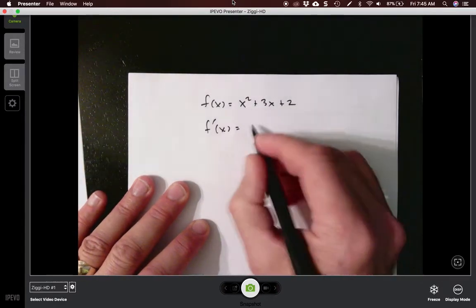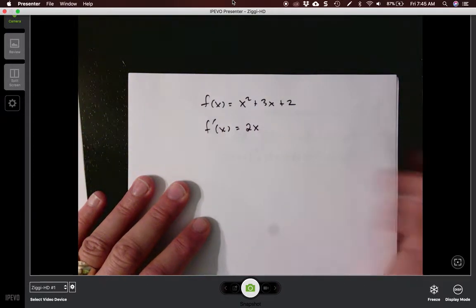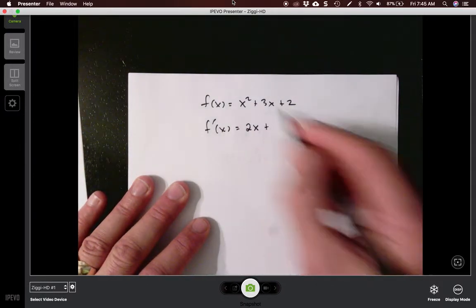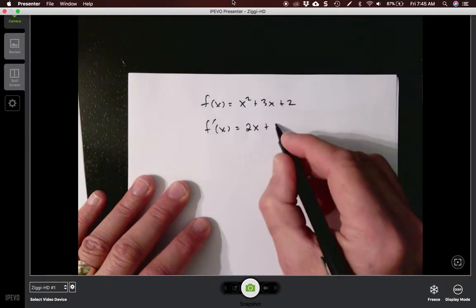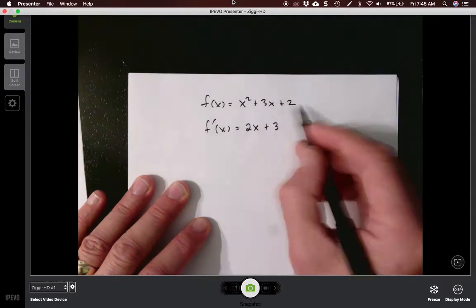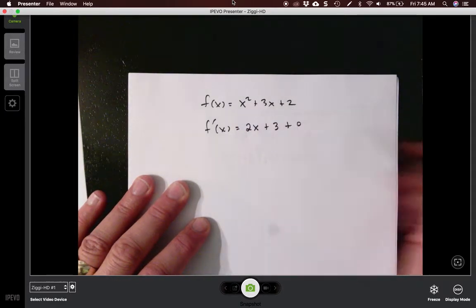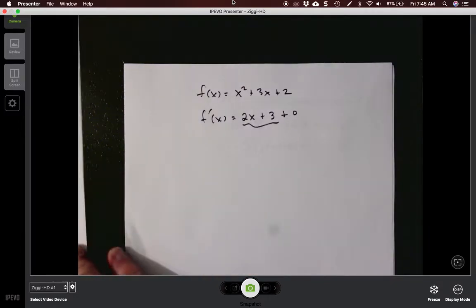We're going to take the derivative of each one individually. The derivative of x squared is 2x, plus the derivative of 3x. We had a rule for the derivative of x, so this is just going to be 3 times the derivative of x, which is 1, and then the derivative of 2 is just 0. So your answer is just 2x plus 3.